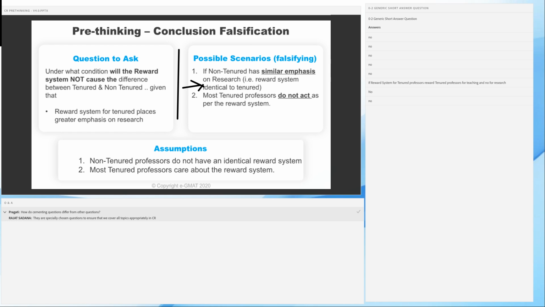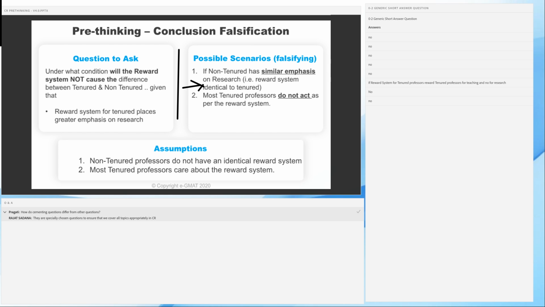And then as you evaluate the answer choices, the moment you see another correct answer, you will be able to understand that this answer choice also breaks my conclusion down, or the negation of this answer choice also breaks my conclusion down, and you'd be able to select that. The core thing is to visualize the conclusion, to build that logical structure. And pre-thinking is just a very small step from that point.